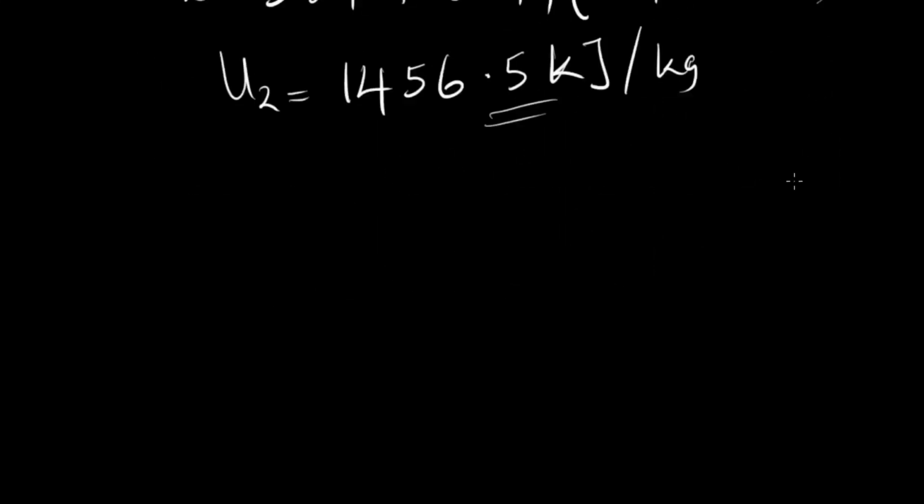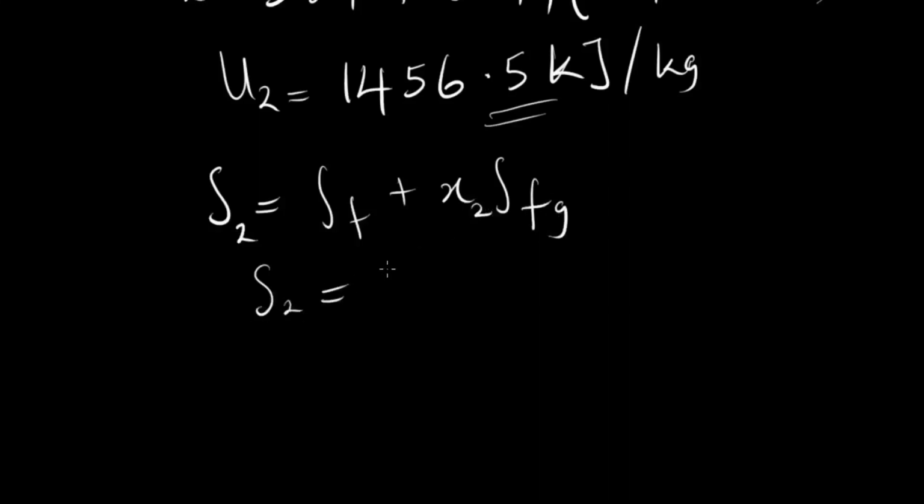Now for the entropy, we also know that entropy is equal to SF plus X SFG. Of course, for state 2. So S2 is equal to SF. We found that SF to be 1.727 plus 0.44 times SFG, which is 5.214.